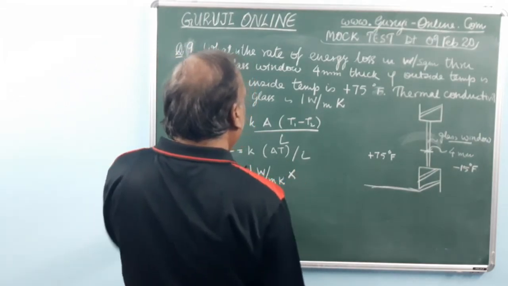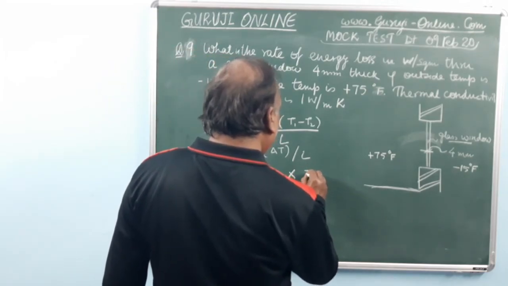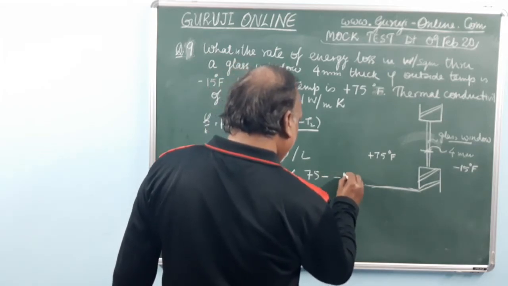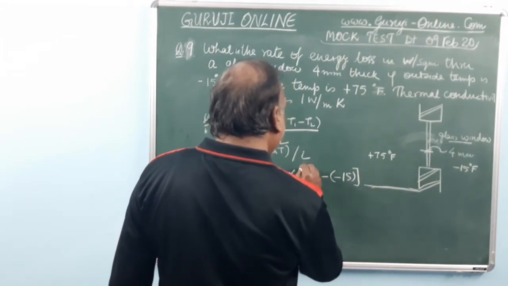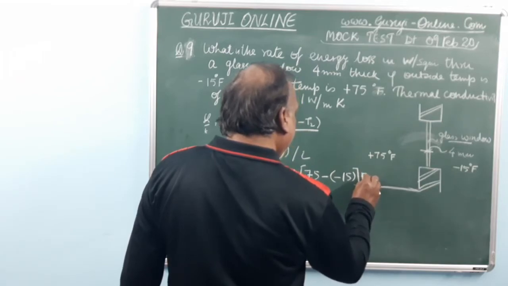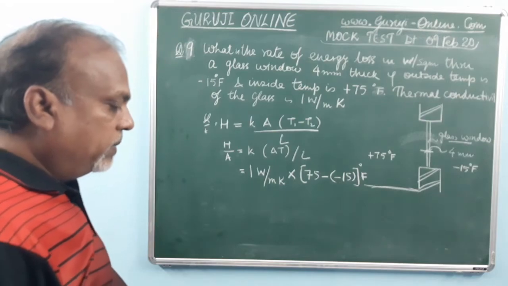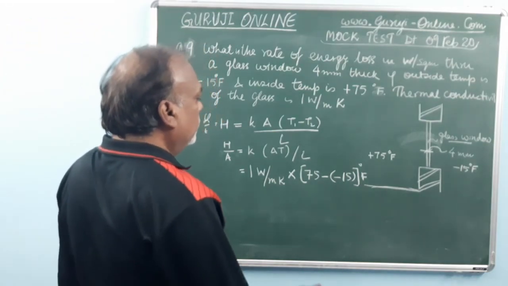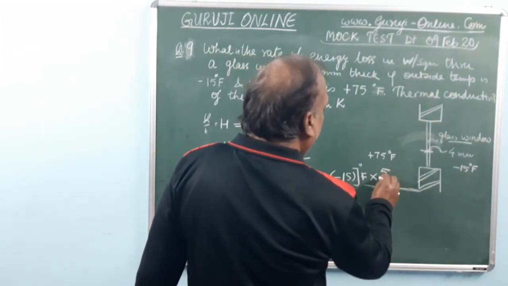Into delta T, which is nothing but 75 minus minus 15. This is in Fahrenheit. We have to convert this into centigrade, so multiply by 5 by 9.